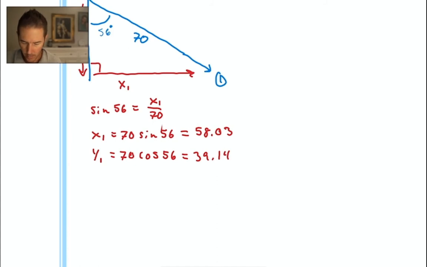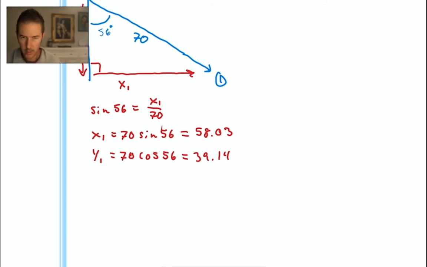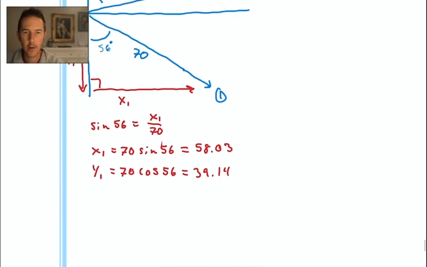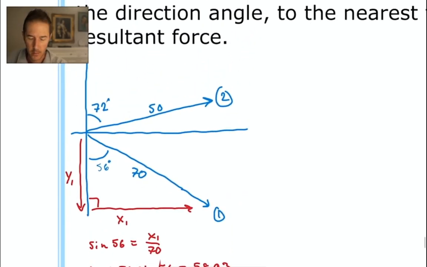All right, now I might even switch colors again. Let's look at our second force vector. So this one is pulling to the right, and it's pulling in the upward direction.